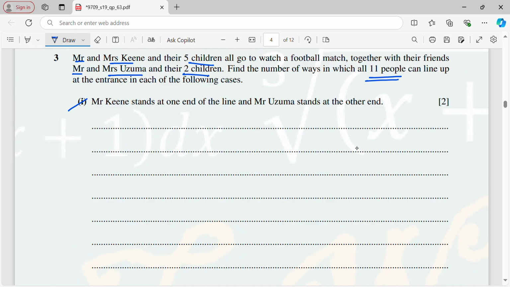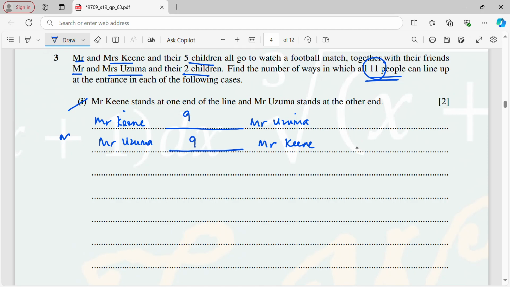Okay, means that now here, this is Mr. Keen here, Mr. Uzuma, or Mr. Uzuma first, then the other end is Mr. Keen. Okay, so we know that there are 11 persons in total, so 2 have already occupied their seats. That means here you still have 9. Right, here is also 9.